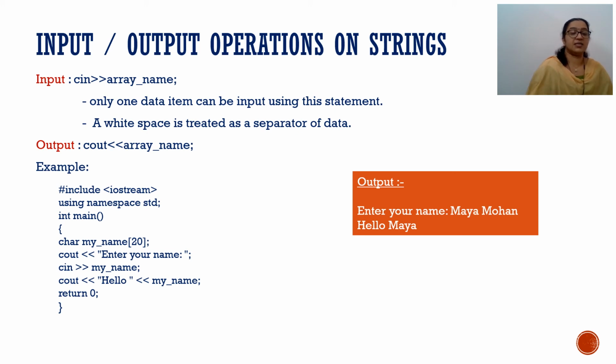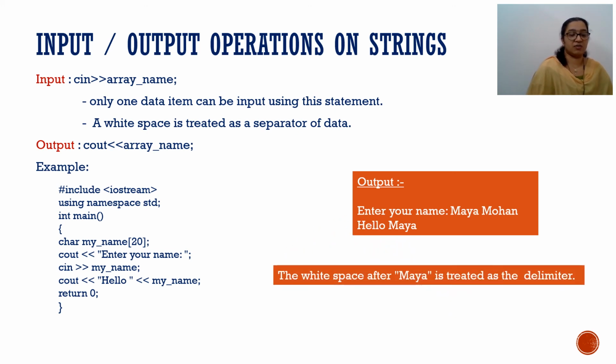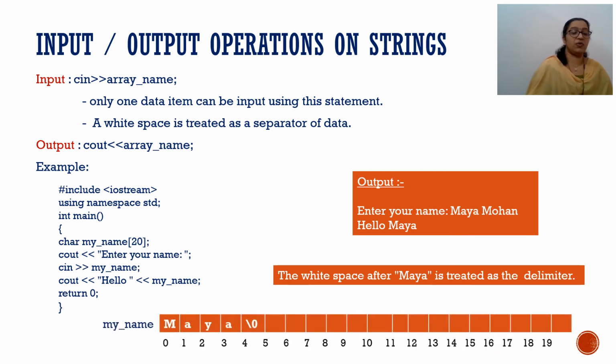That is the problem of the cin statement. The white space after Maya is treated as the delimiter there. Clear? Now see the memory allocation: myname is the array name, and the word MAYA and next to that \0 are automatically assigned.